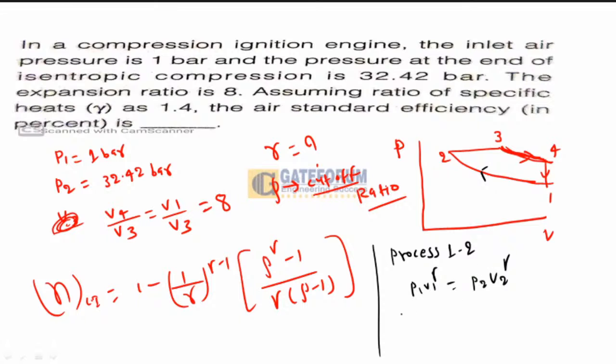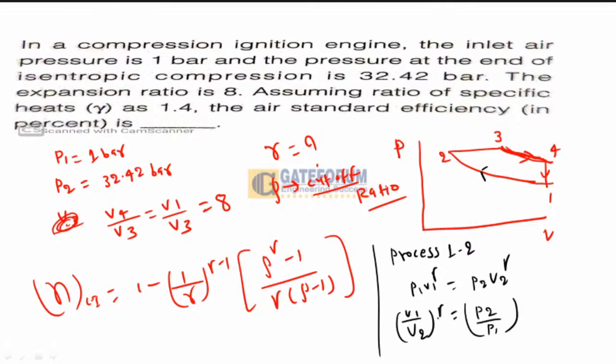So V1 upon V2 whole to the power gamma equals P2 upon P1. From there, I think you can calculate V1 upon V2.